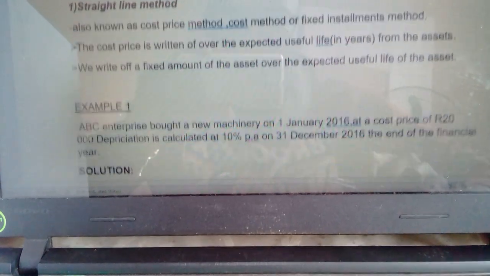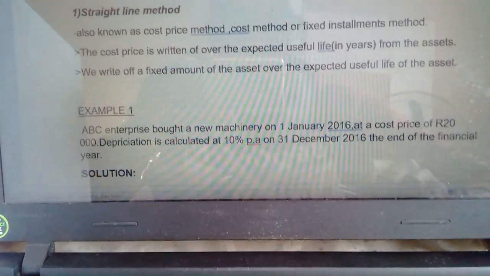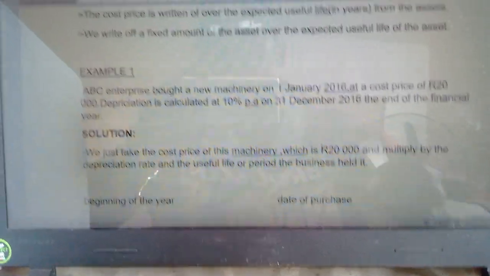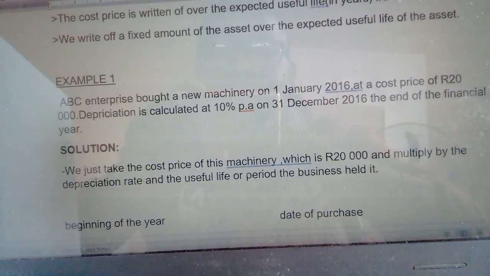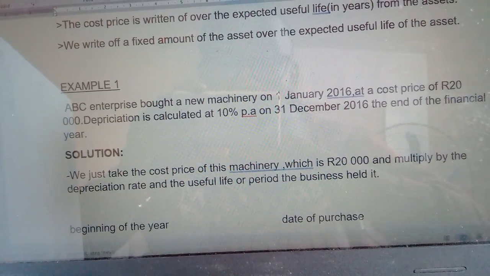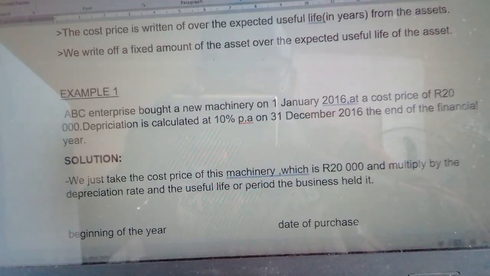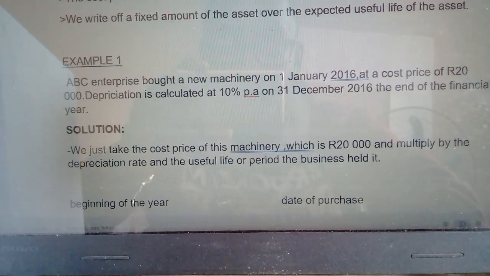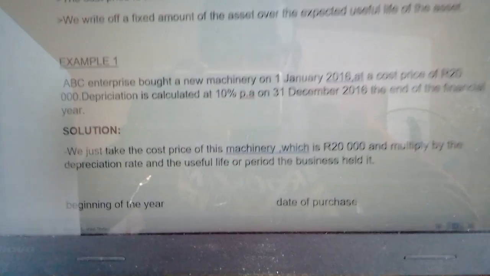Let me give you an example on the straight line method. ABC Enterprise bought a new vehicle or new machinery on 1 January 2016 at the cost price of 20,000.